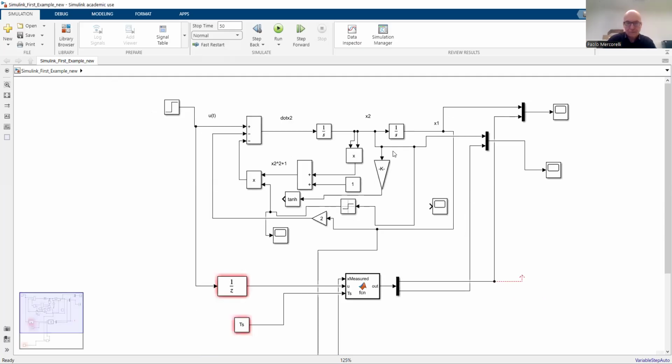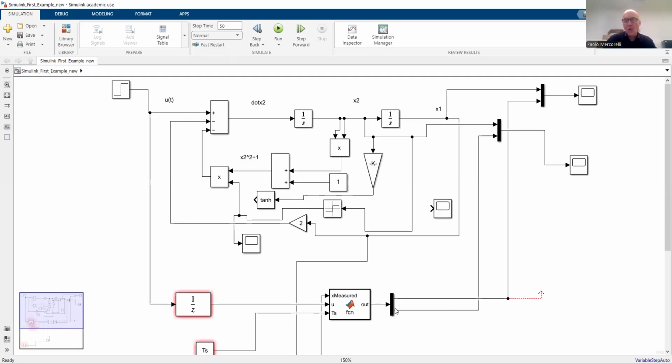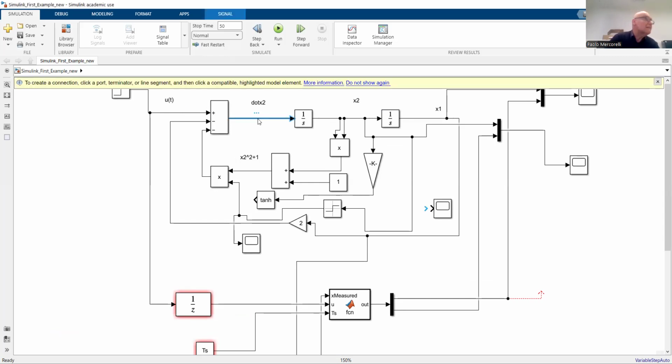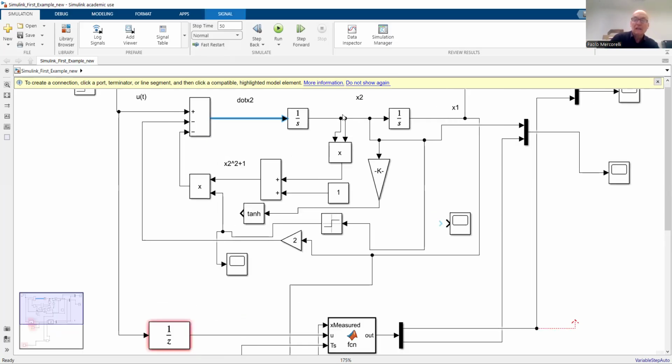Yeah, look. It's not very well organized software, but I hope it's understandable. What we have here is exactly the model which I presented. We have u, and here the derivative of x2. After the integral, we have x2. After the integral of x2, we have x1, because the derivative of x1 is equal to x2.